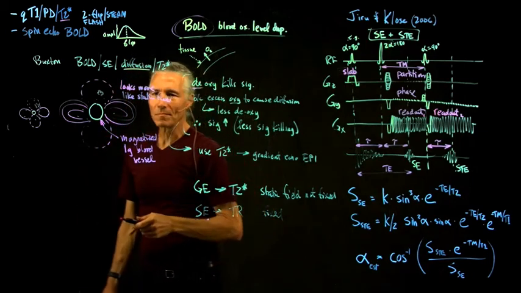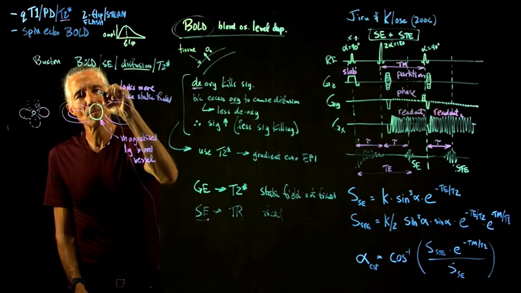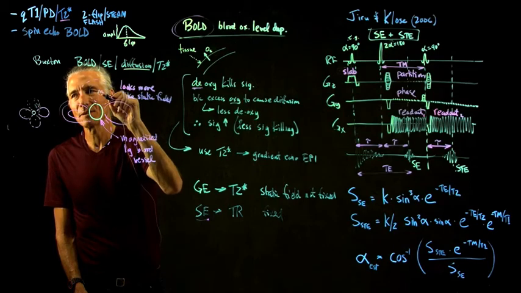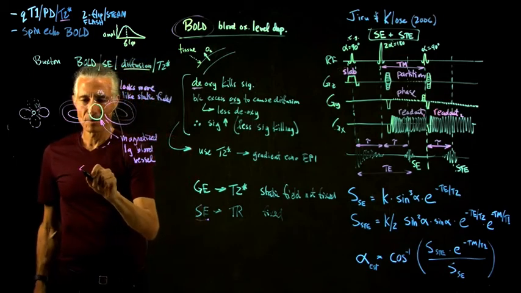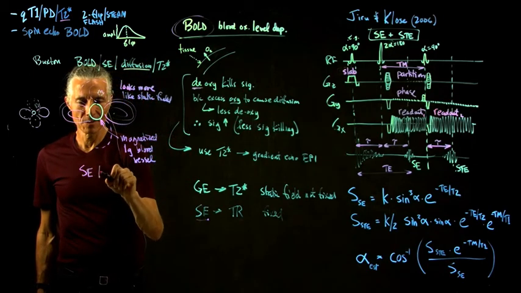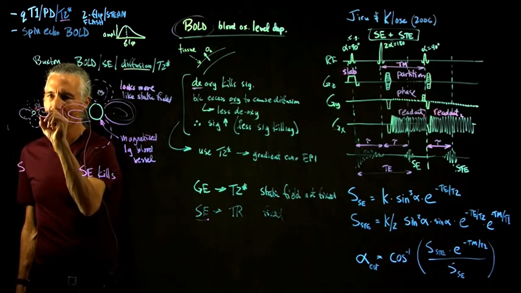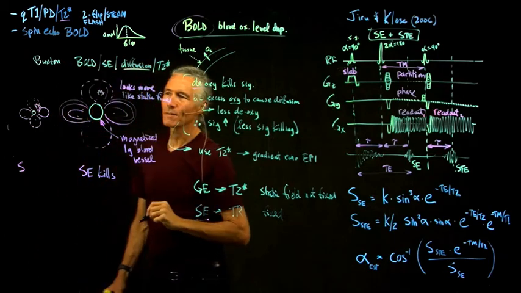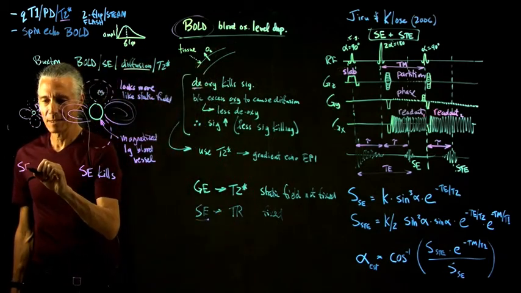Basically, as the spin diffuses around, since it's mostly staying in about the same strength of local magnetic field, spin echo will kill it. And over here, because the spin will go into a different strength of magnetic field, spin echo doesn't kill it.